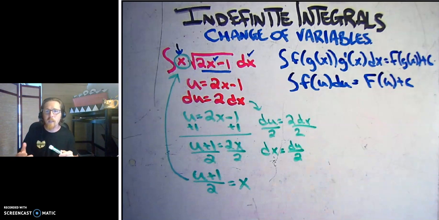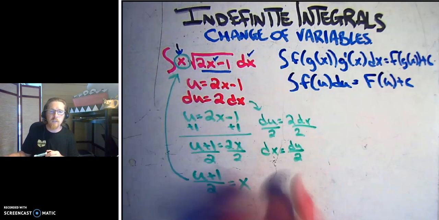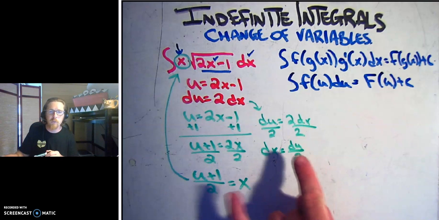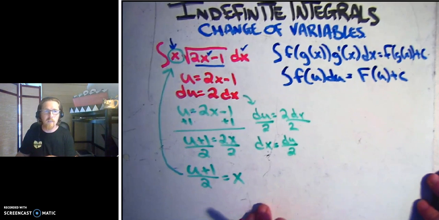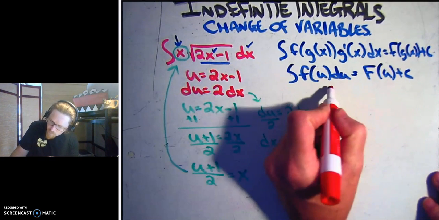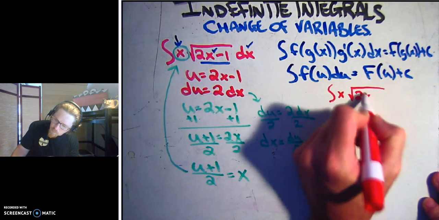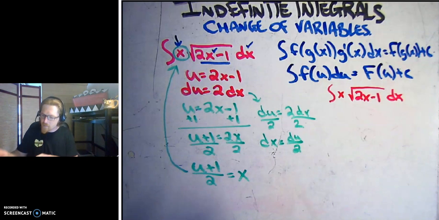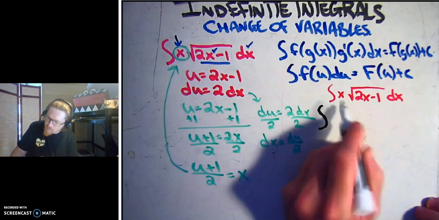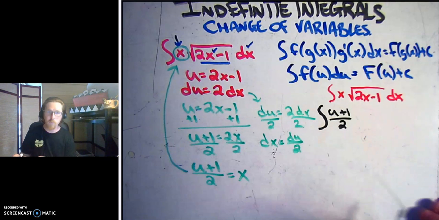So by doing this, I'm going to be able to rewrite this integral using just my u's and du's by substitution. So let's take a look at what this integral ends up looking like. My original problem was x times the square root of 2x minus 1 dx, and now I'm going to do all my substitutions. So I have an integral, but instead of the x, I'm going to call it u plus 1 over 2.